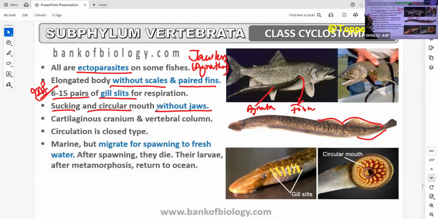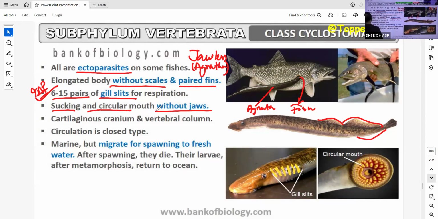It attaches or embeds itself onto any host and from its body derives nutrition. ठीक है? जैसे आपने लीच देखा है. Yes, leech or Hirudinaria, they attach to the body of the cattle or humans when they enter those waters, okay, and extract nutrition from them. So they both are ectoparasitic in nature.